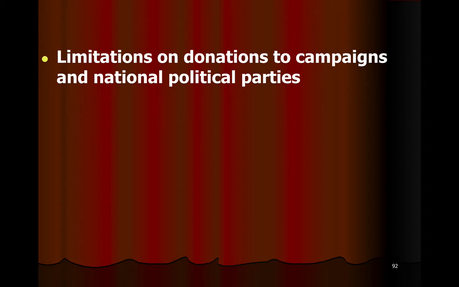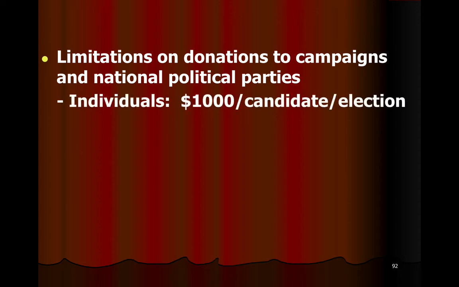Individuals who are going to donate directly to a candidate's campaign or to the national political party, the National Republican or National Democratic parties. Now, at the time, in 1971, these donations were $1,000 from each person per candidate per election. So if I had a lot of money, I could donate $1,000 to every single candidate I liked.